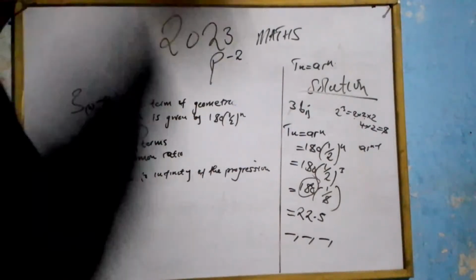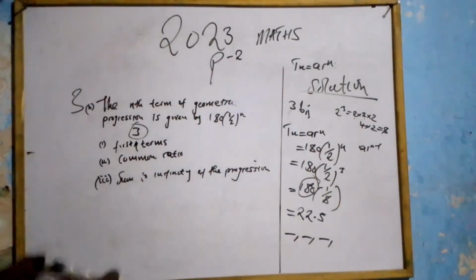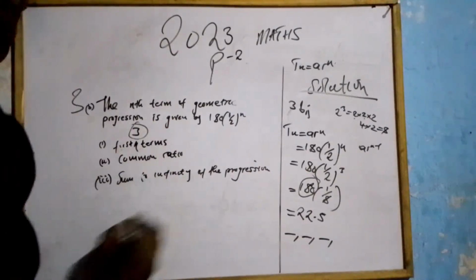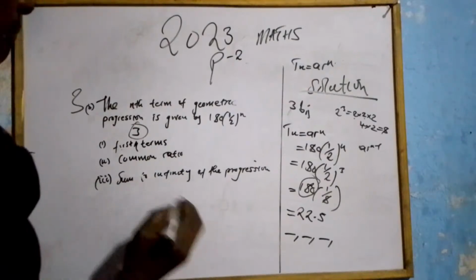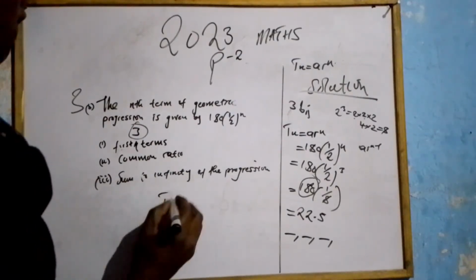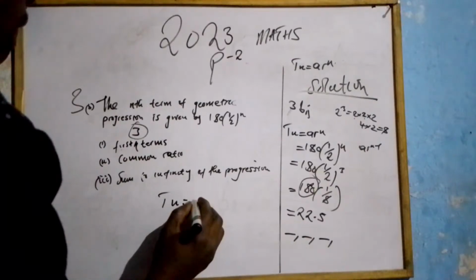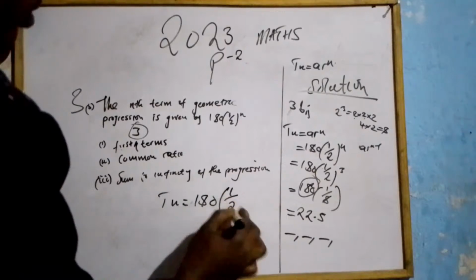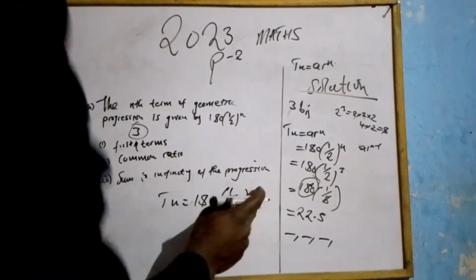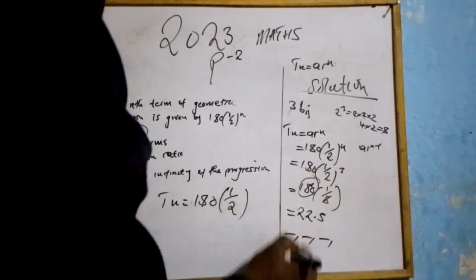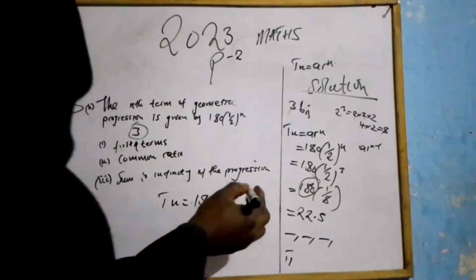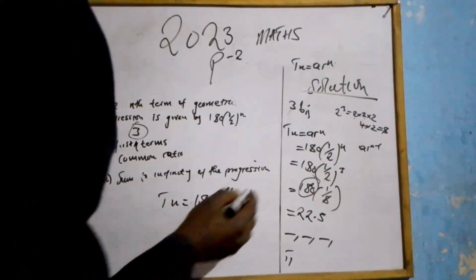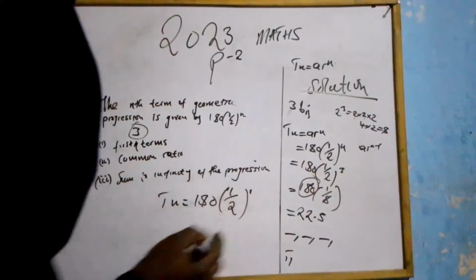So how can we find the first term from this formula which we have here? Let's write it here. We can say Tn equals 180 open bracket 1 over 2 power n, and for the first term T1, where this power n, you write 1. 1 power 1 is 1, 2 power 1 is 2.